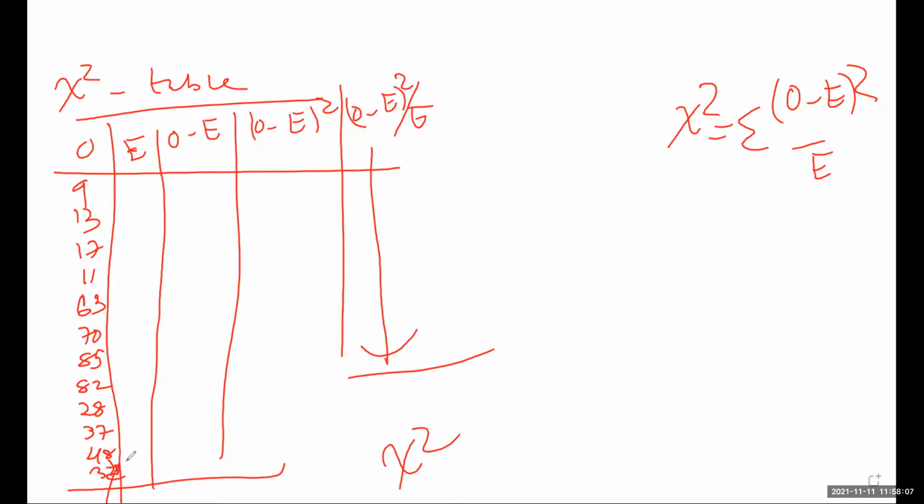Just tell me the E values quickly. 10, 12, 15, 13, 60, 72, 90, 78, 30, 36, 45, 39.